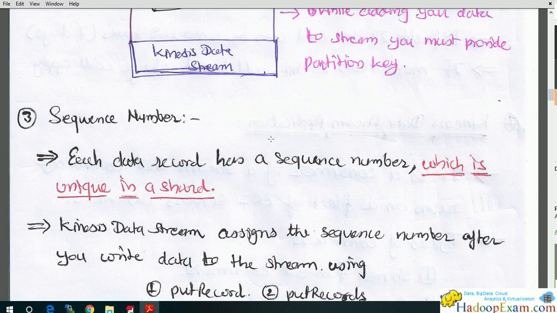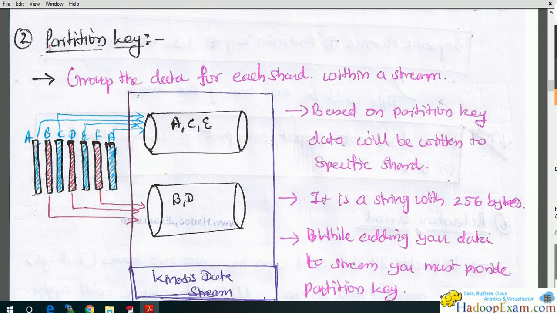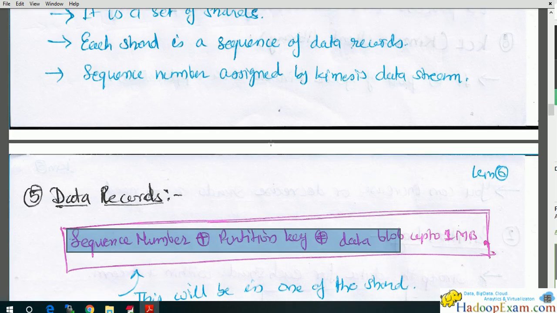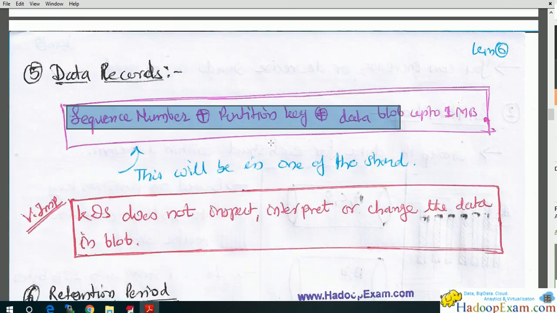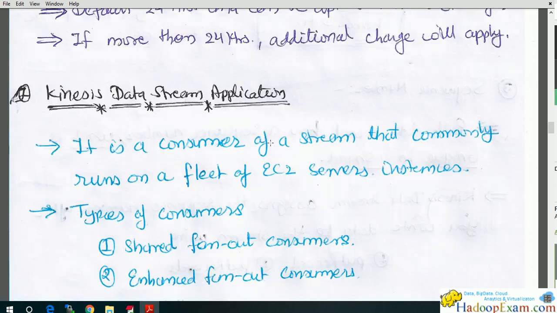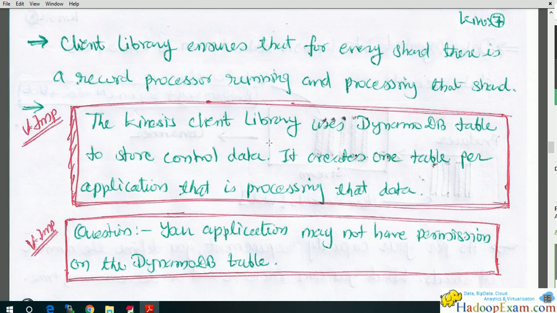That is important. Even if you have not created a DynamoDB table, in the background the Kinesis client library would have created a DynamoDB table with the name of the application which you create. So if you create a consumer application named Hadoop exam app, then Hadoop exam app would be the table name created in the DynamoDB database, correct.